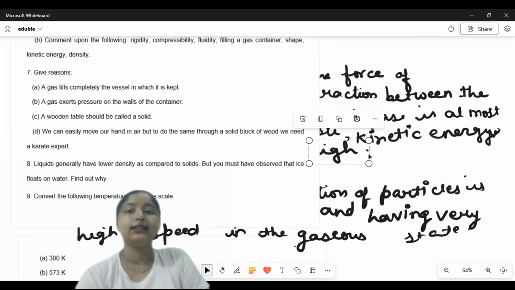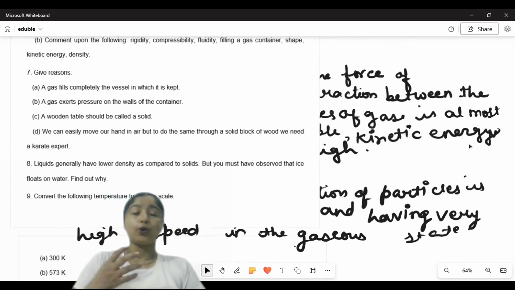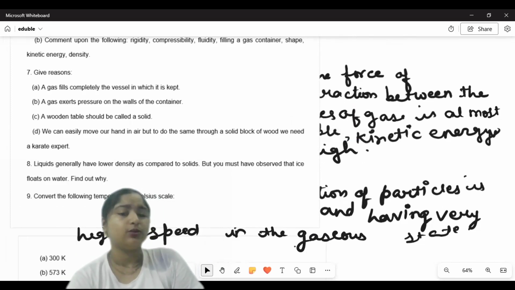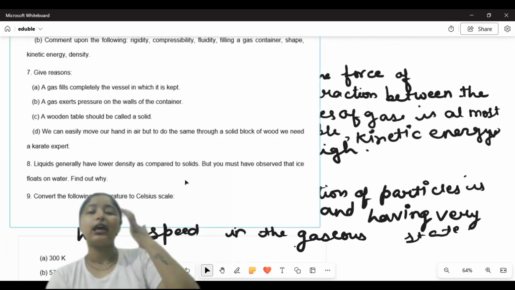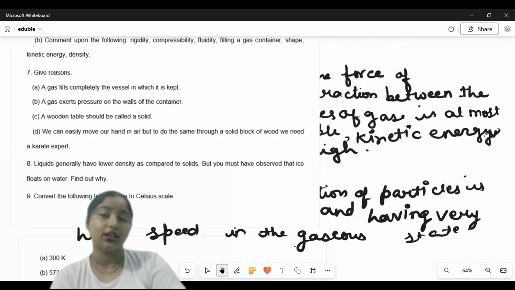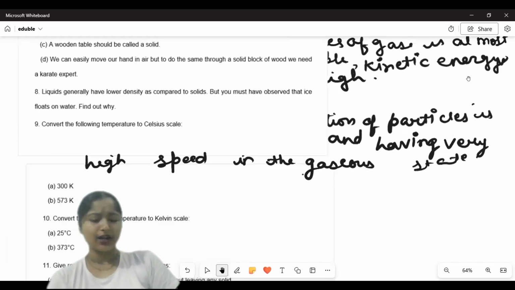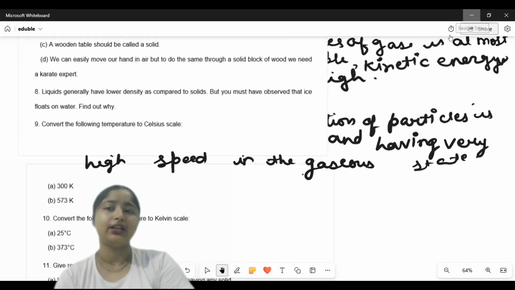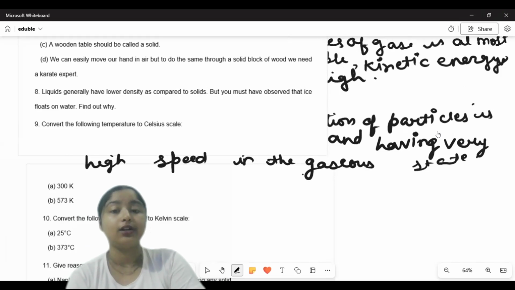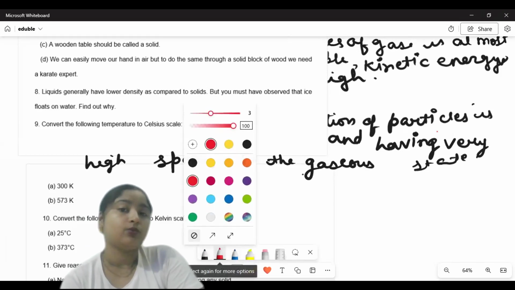Now, let's see the third question for which the reason is asked. This one is pretty easy. You just have to prove why something is solid. So, a wooden table should be called a solid. Exactly, that is a solid. But why is it called a solid? The reason behind it is very clear. What are the characteristics of a solid?